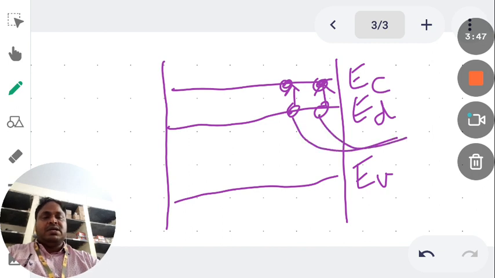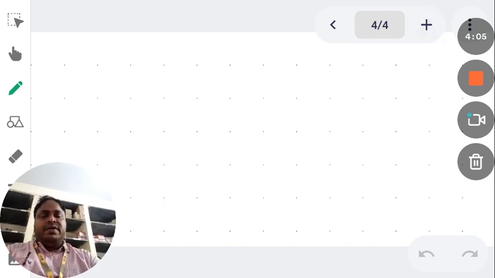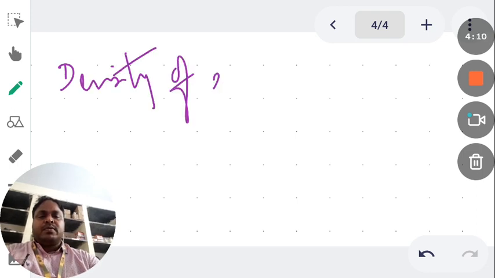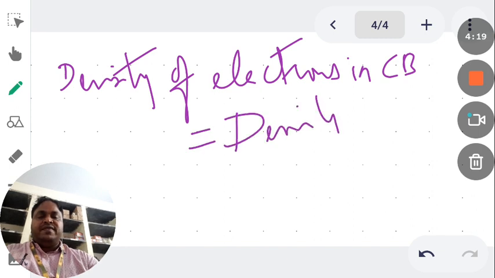These are nothing but ionized donors. So donors are electrons, ionized donors are holes. Now at equilibrium, the density of electrons in the conduction band should be equal to the density of ionized donors.